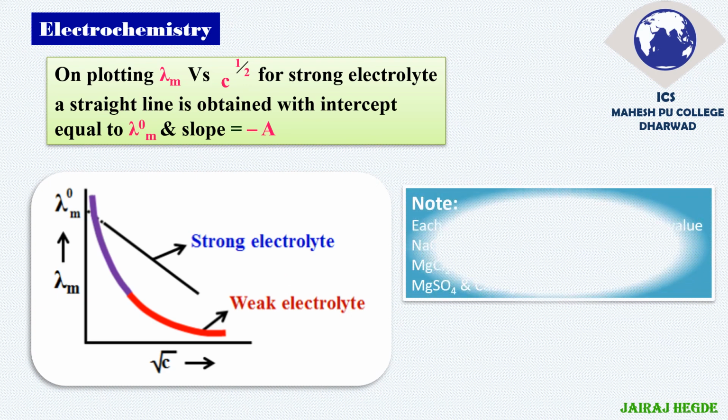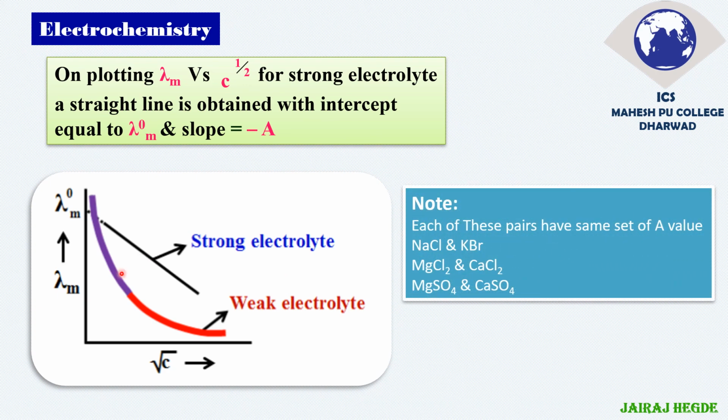See, what does that A value depend on? This A value depends on many factors like viscosity of the solution, temperature of the solution, or the charge on the individual ions present in the electrolyte. For a particular solution with the same viscosity and same temperature, if they have the same pair of charges, they must have the same value of A. See, NaCl, Na plus, Cl minus, K plus, Br minus.